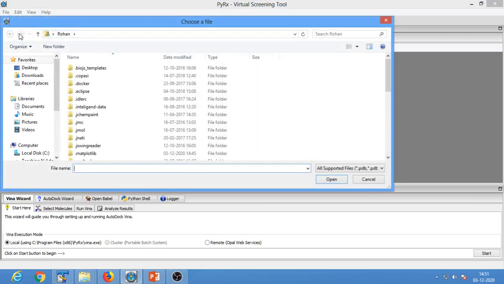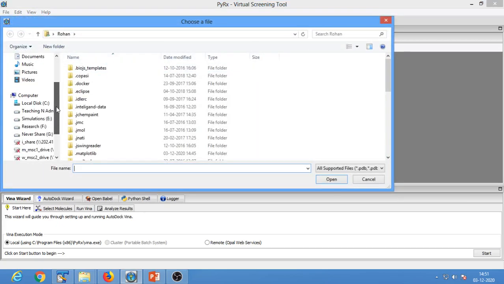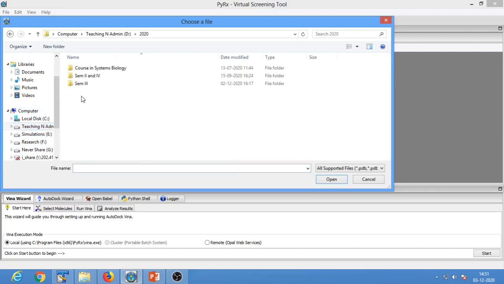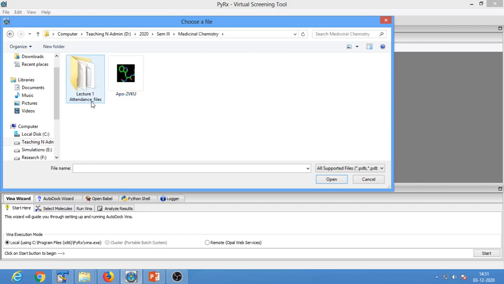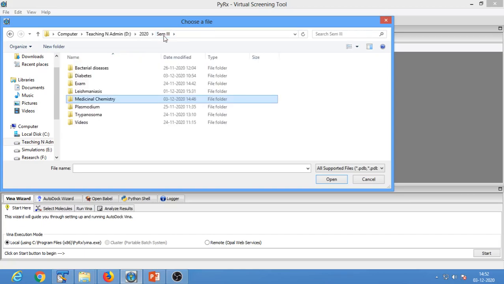First I will load your receptor molecule. I will go to the place where I have placed all of your data files.